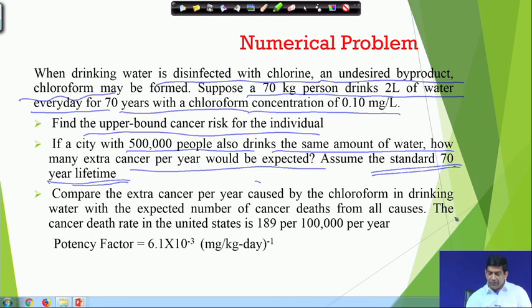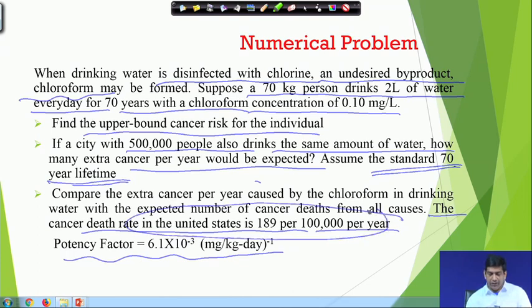The cancer death rate in, for example, the US is 189 per 100,000 per year. So we have a potency factor also given to us for that. We have been given the total cancer death rate in that particular country, and if you look at the extra cancer from this chloroform, we can put these things in perspective.